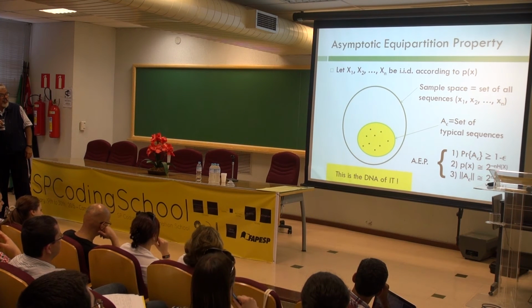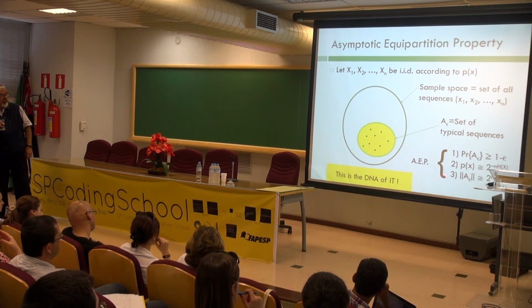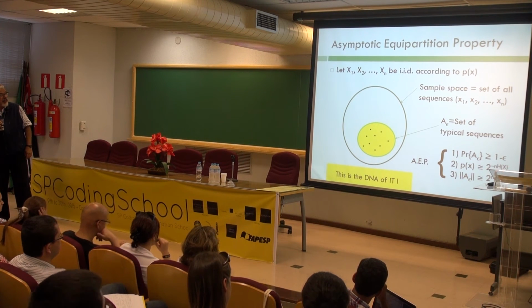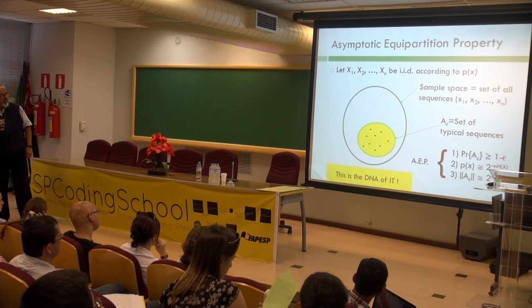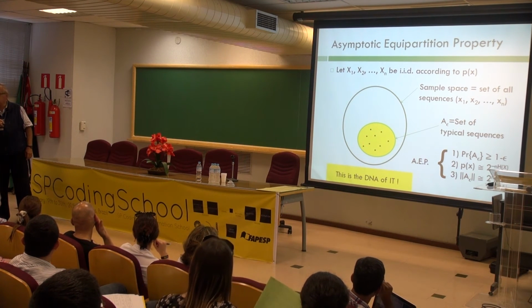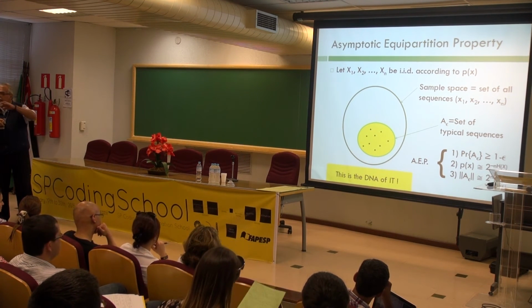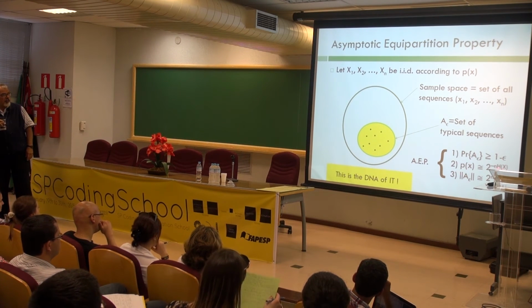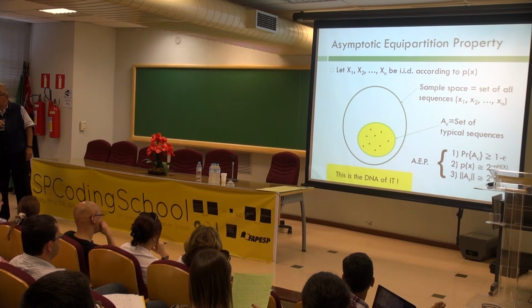And then there are two things that are sort of complementary here. And what they say is that everybody here is the same. There is no preference. They are all the same. In other words, they all have essentially the same probability. What is the probability?